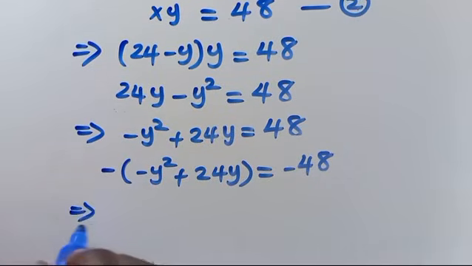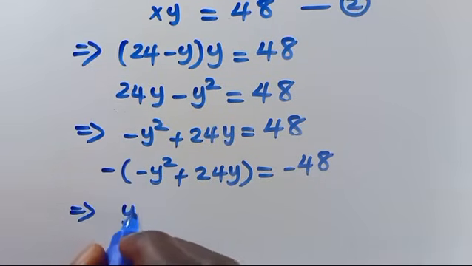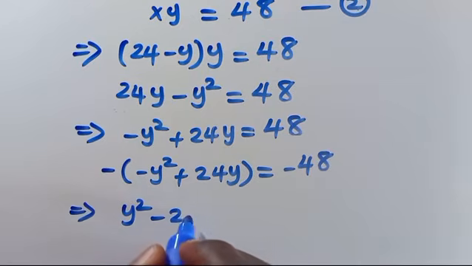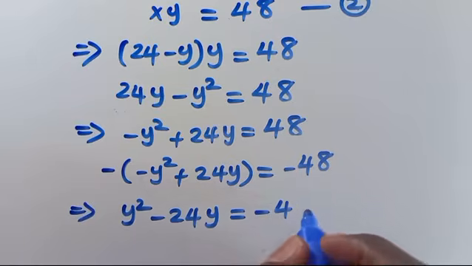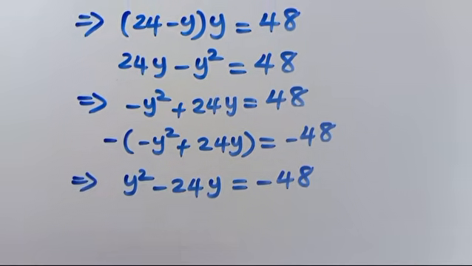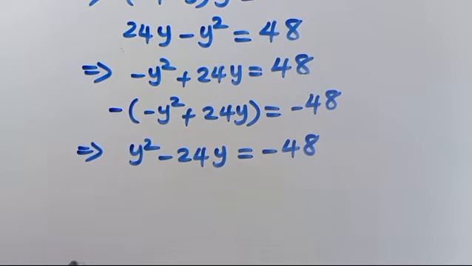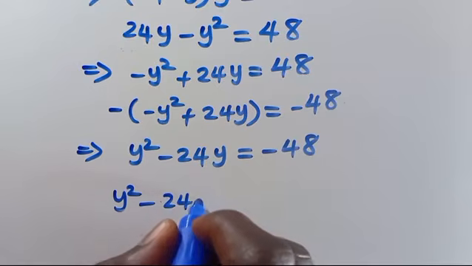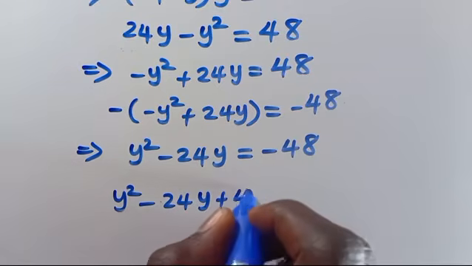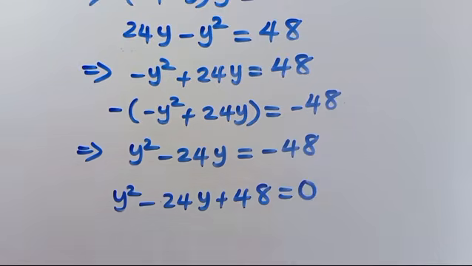So from here, minus times minus will be plus y squared minus 24y equals minus 48. Now let's take this to this side. So we have y squared minus 24y plus 48 equals 0.